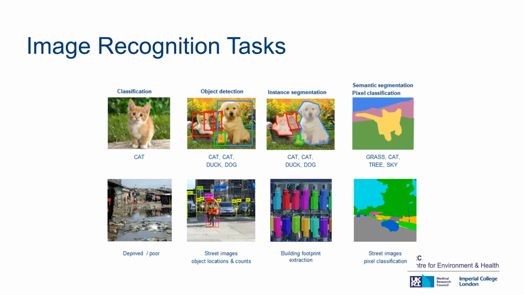We might be interested in understanding environmental hazards and traffic management, for example. We might be interested in extracting footprints of buildings and looking at neighborhood change within given cities, or understanding the entire landscape of a street view.